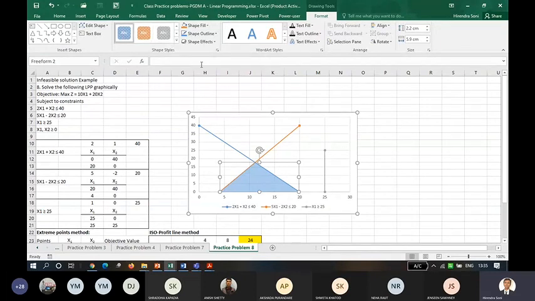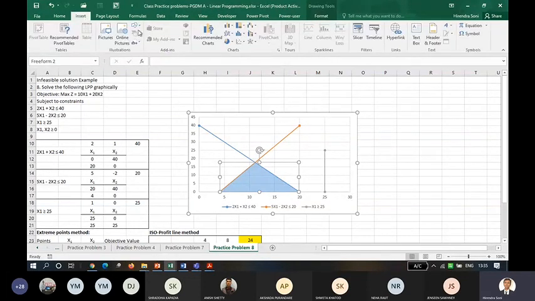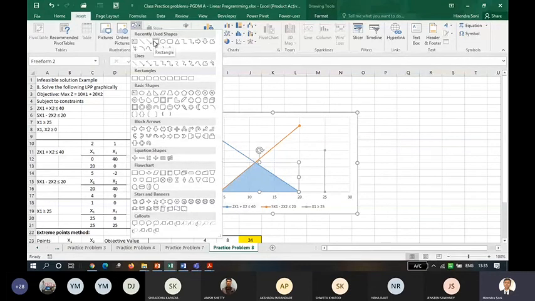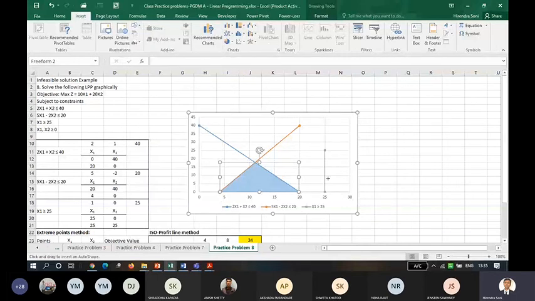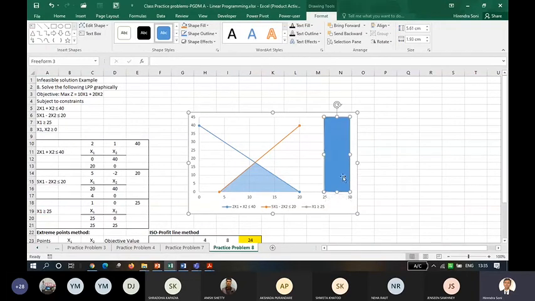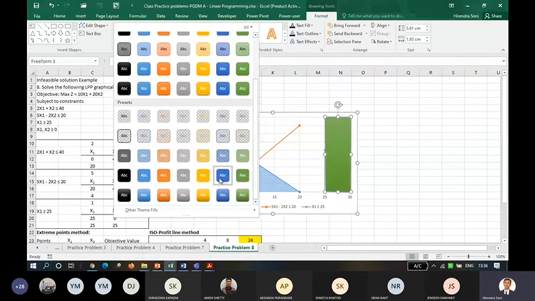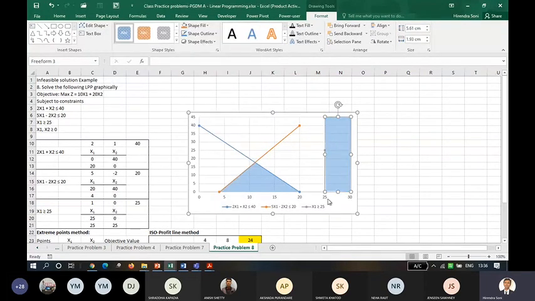For both, we are not getting a common region. And the minute you are not getting a common region, we cannot say that a solution exists.